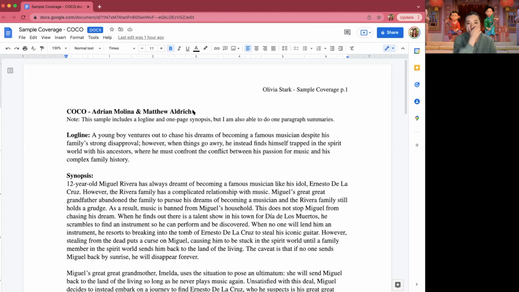It's good to know the distinction of what you're reading something for. If it's a submission for a project, then you should be paying attention to whether this project fits into our slate, whether it's something we would want to help continue to develop. If it's just the writer's sample, they want to be considered to write a project that you already have, then you're really looking for their writing style.